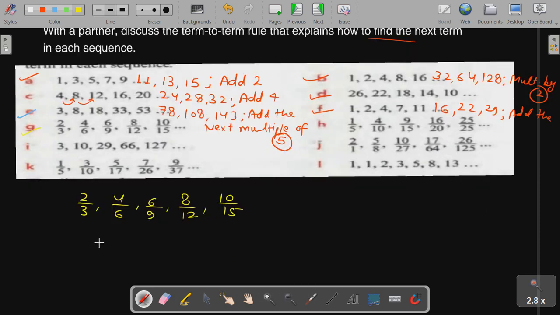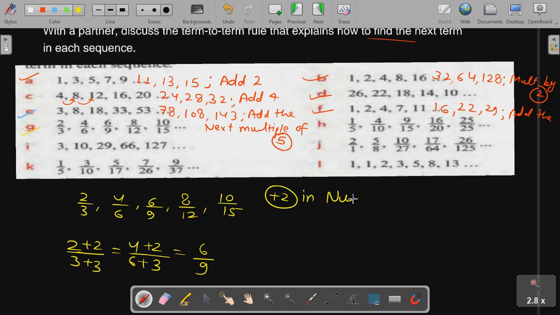You can see how we get 4 by 6 from 2 by 3: if I add +2 in the numerator and +3 in the denominator, then I get 4 by 6. For the next one I add +2 and +3, and I get 6 by 9.